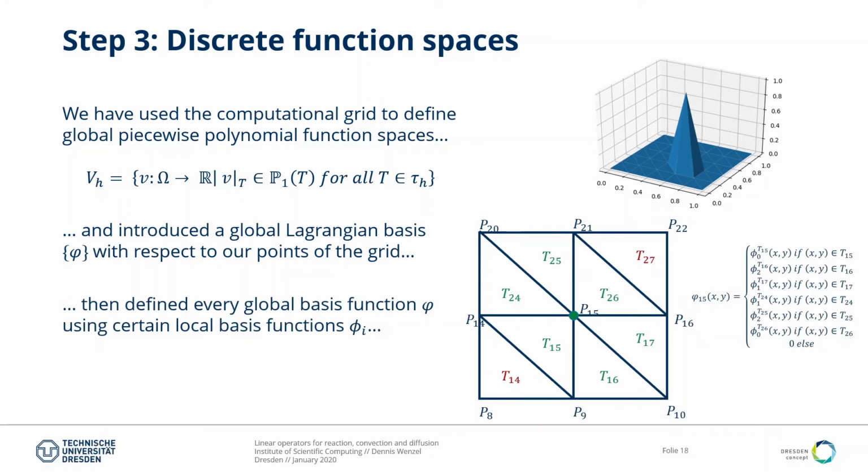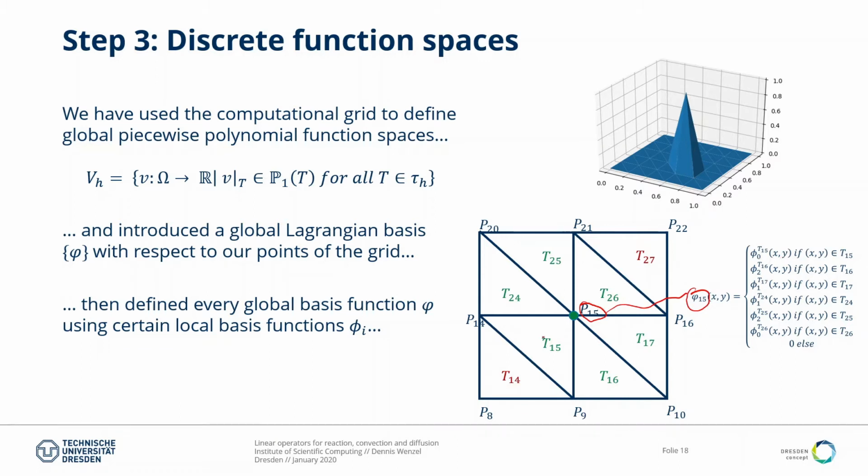Those basis functions are defined also in a piecewise fashion. So for a single point and the corresponding basis function, if you talk about P15, the corresponding basis function is phi 15 here. Then you can identify this to be corresponding to a certain local basis function on every cell.